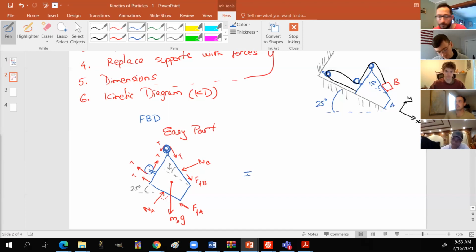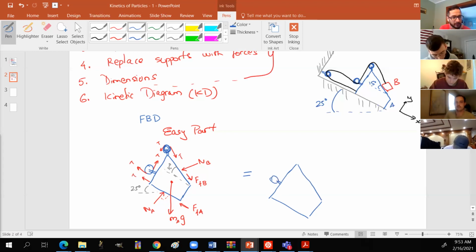So what we have to do is just do the new part where we draw the kinetic diagram. So you draw the body again. And all you have to do, guys, is super simple. Whatever frame you've chosen, be it rectilinear, rectangular, be it normal, tangential, or be it polar, just write out the accelerations in that way.